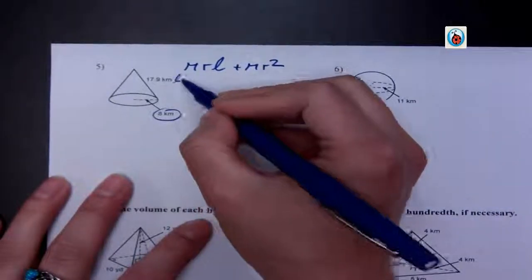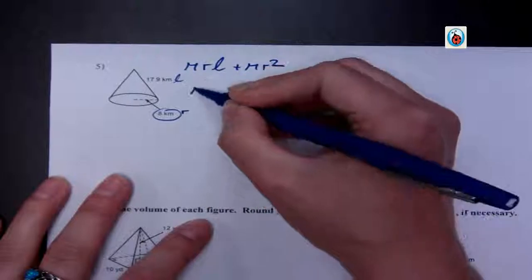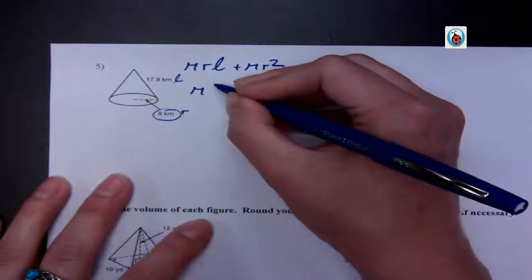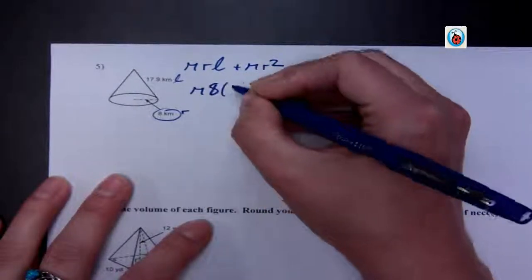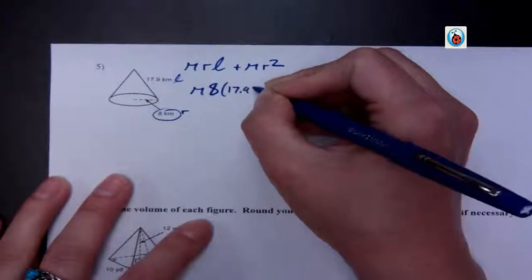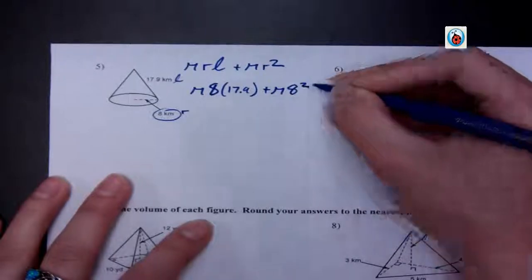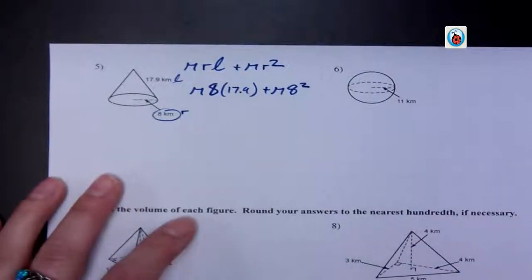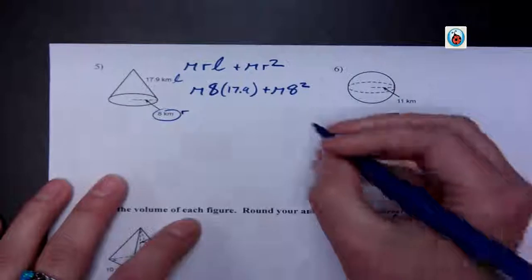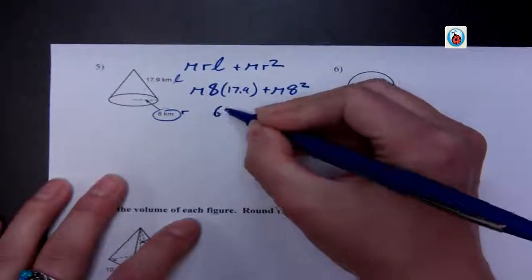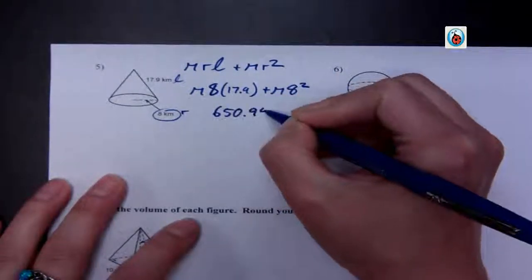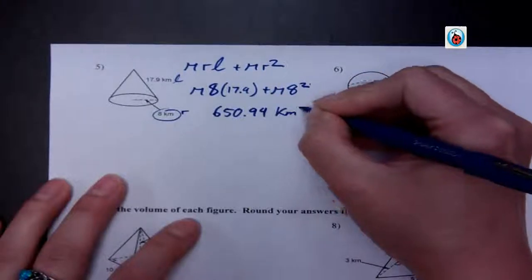They gave me the lateral. This is my radius, so I just plug it in. So pi times 8 times 17.9 plus pi 8 squared. I plug that in, it becomes 650.94 kilometers squared.